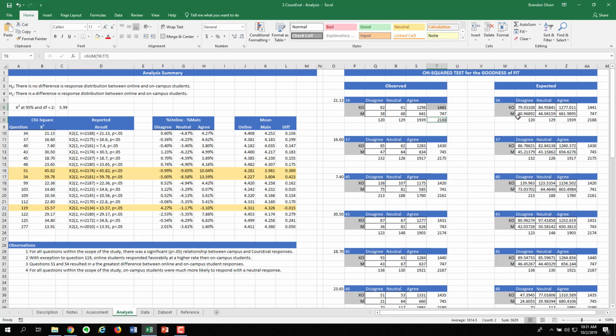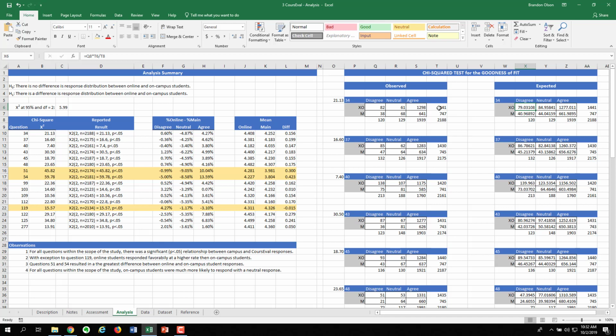So for my expected, I'm going to say that I'm going to see an even distribution based off of the percent of students that are online students. So out of 120 students, if I look at the distribution of those 120 results to see which percent of those would be online students, I would find that 79 of those 120 respondents would be online students.